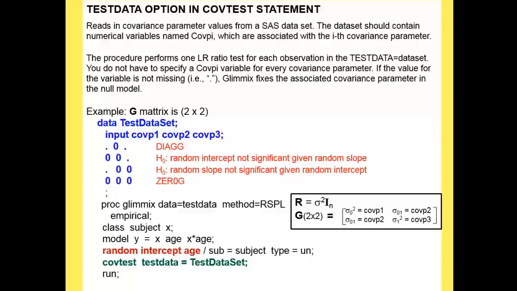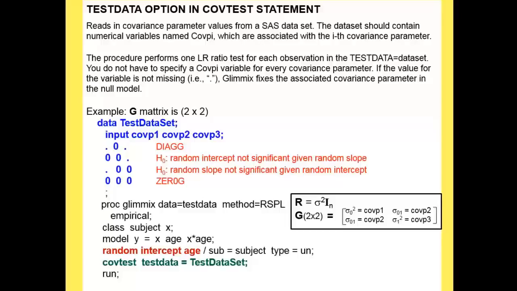If you do this test with the 0, 0, 0, 0, and let's say that test is significant, what does that mean? Suppose you do the 0G test and it turns out to be significant. What's the null hypothesis? The null hypothesis is that you don't need random effects. The alternative hypothesis is that you need some random effects. So if this test is significant, then you can't conclude that you don't need random effects. You have to conclude, it looks like I need some, at least that's the best you can do at this point.